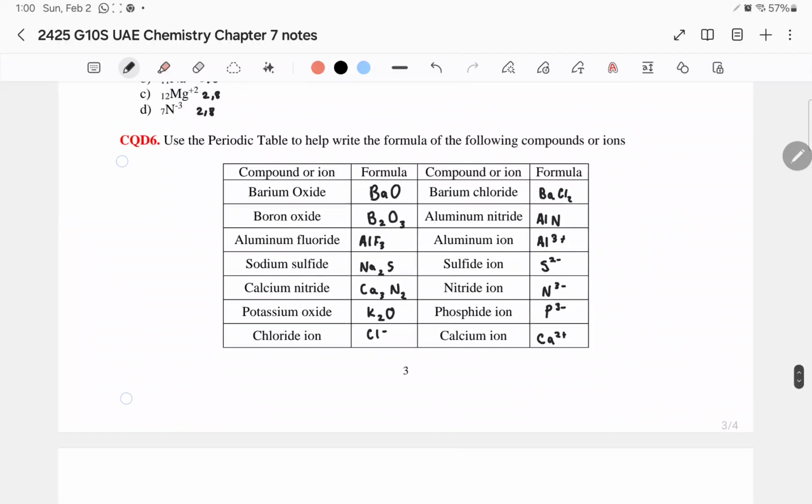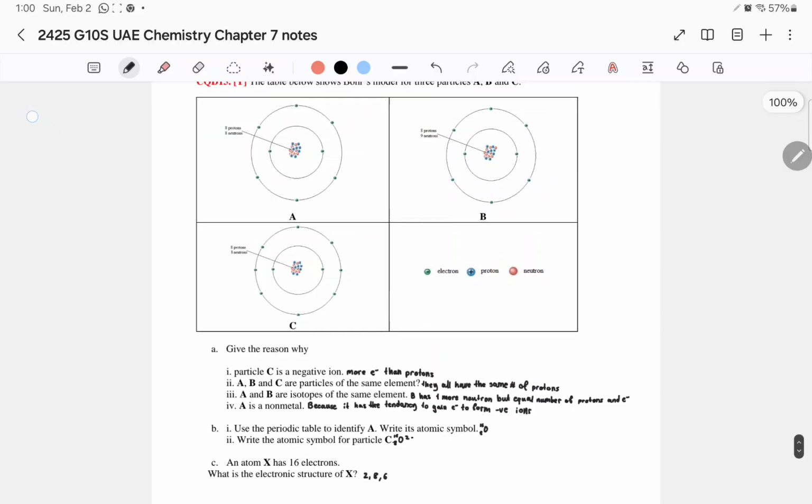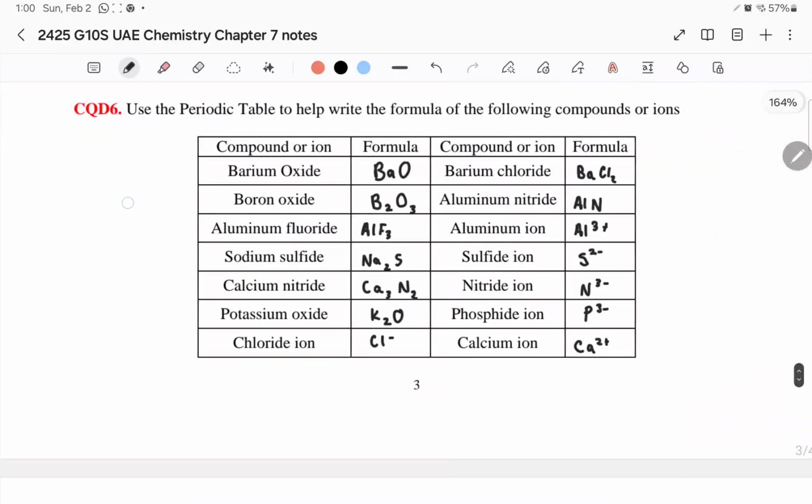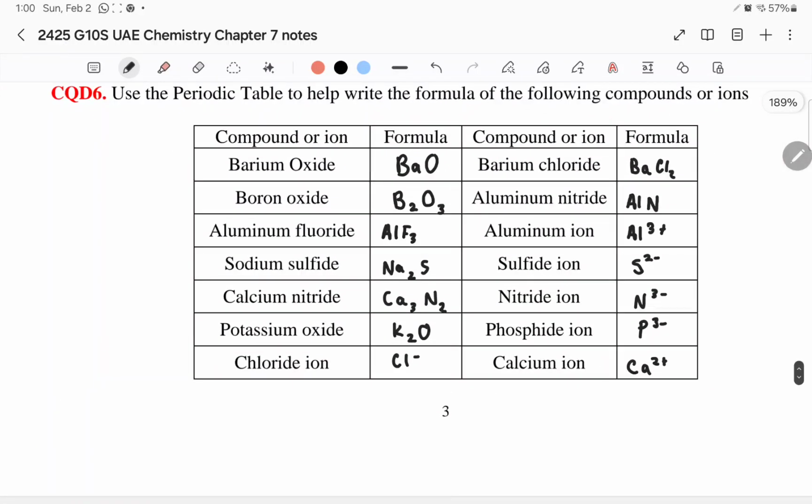Now for this question. This question is actually really easy. You just have to know how many electrons each element gains or loses. So barium oxide. Barium is in group 2. Oxide means oxygen, so it's in group 6.